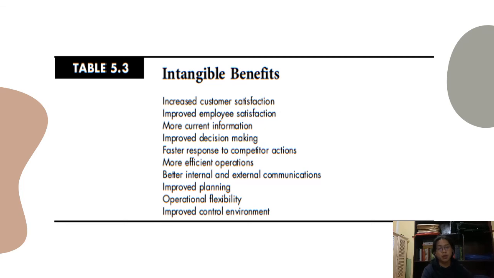So in this table, we have a list of some common categories of intangible benefits. Although intangible benefits are often of overriding importance in information system decisions, they cannot be easily measured and quantified. For example, assume that a proposed point of sale system for a department store will reduce the average time to process a customer sales transaction from 11 minutes to 3 minutes.